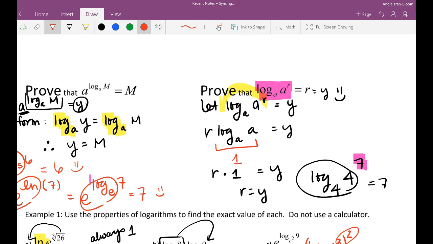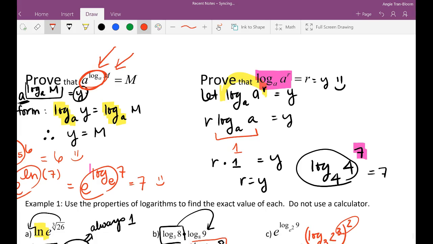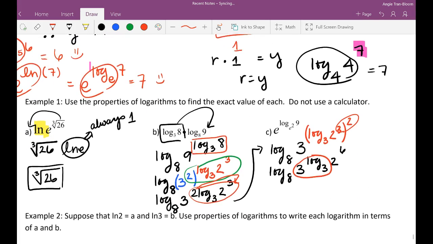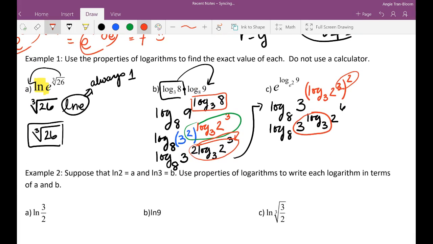Does this right here indicate something at all? 3 to the log base 3 of m equals m, right? Well, I have 3 to the log base 3 of 2 to the 6.